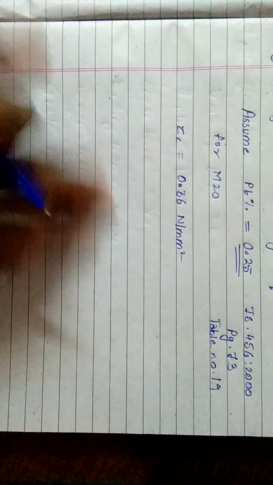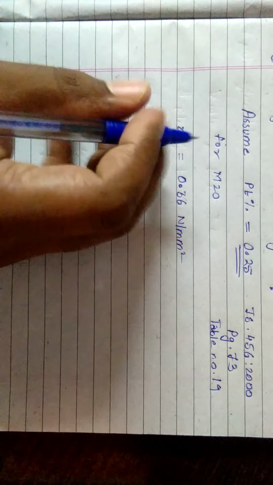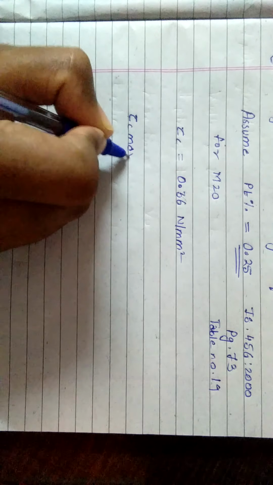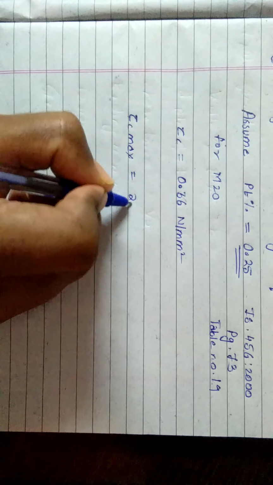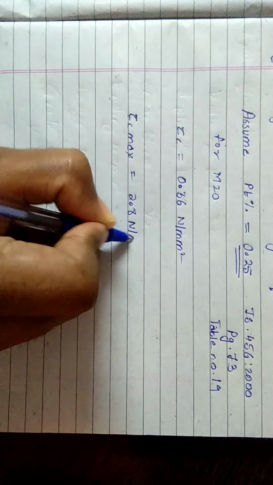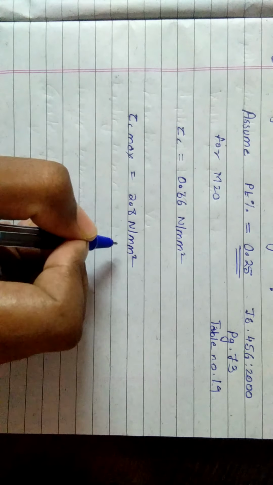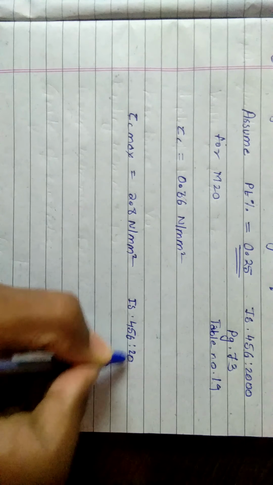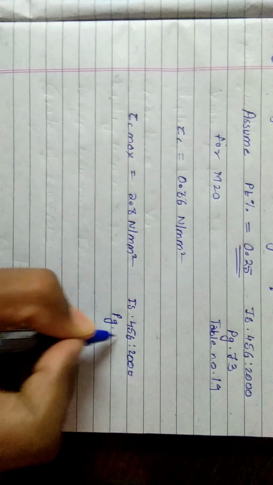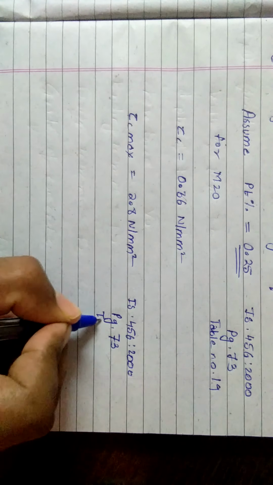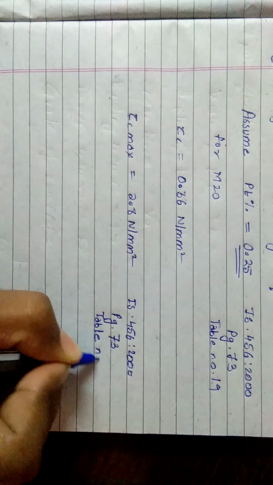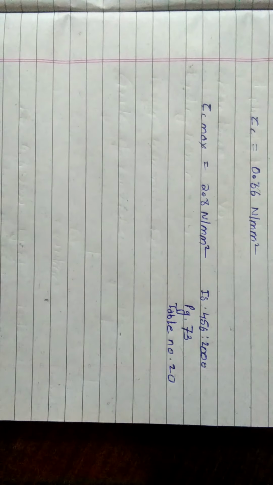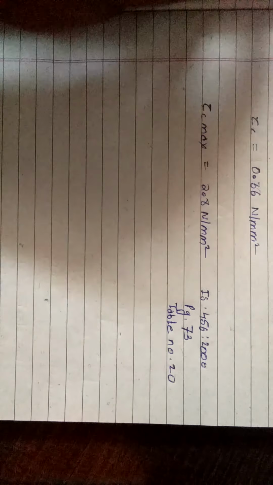Okay, now next to it, it will have the next table, that is tau c max. For the tau c max, it is 2.8 Newton per mm square, of IS 456 2000, same page 73, and the table number 20. Okay, I will show you now.